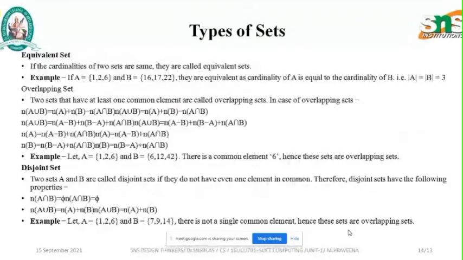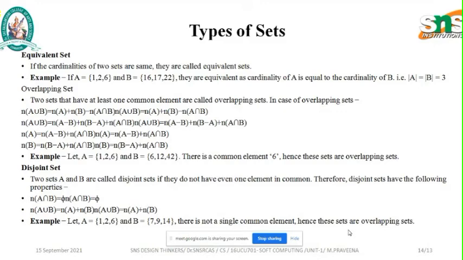Are you clear? Okay. Next, let us see about the equivalent set. When we say equivalent, it means if the cardinality of two sets is the same, then they are called equivalent. You have to make a note here of what is an equal set and what is an equivalent set. For an equal set, there should be the same number of elements and the elements must also be the same. Whereas in an equivalent set, there should be only an equal number of elements. See the example.